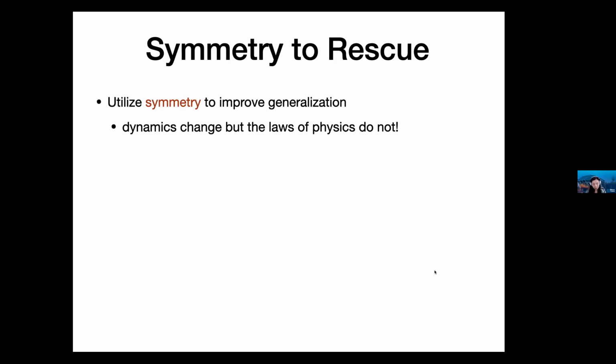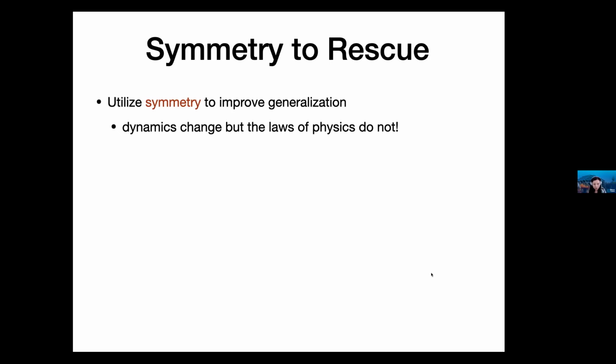By exploiting this fact that the laws of physics do not change, even though the dynamics are changing all the time, perhaps we can resolve this generalization issue in learning dynamics.